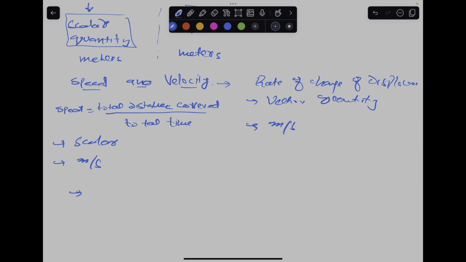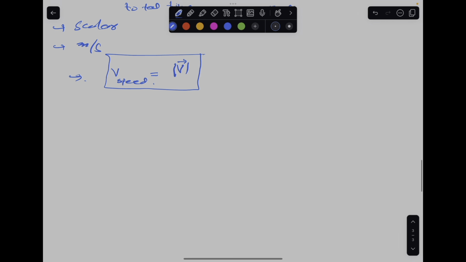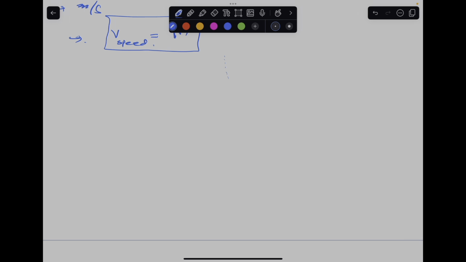We can find speed if we know the velocity. So speed is nothing but the magnitude of the velocity. So we can find the velocity or average velocity by two methods. One is the graphical method, and the other is the function method.